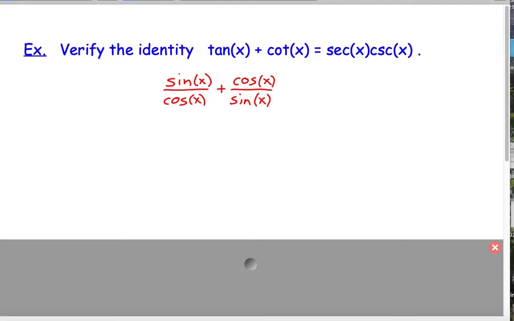But what I can do is multiply the first fraction by a form of 1, sine of x over sine of x. And then I can multiply the second fraction by cosine over cosine. And now both of these fractions will have the same denominator. The denominator for both of them is going to be sine times cosine.